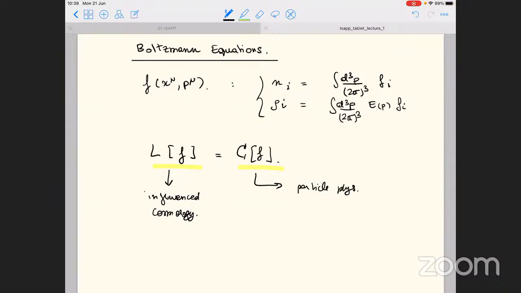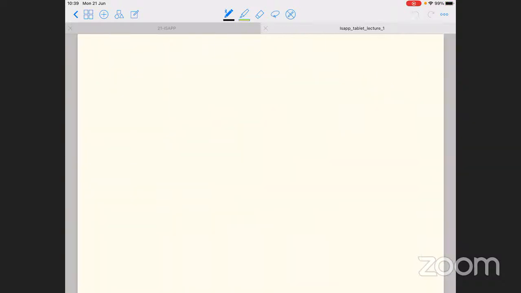Okay. I will begin with the Liouville operator. And again, in these lectures, I'm essentially going to focus on the background universe.